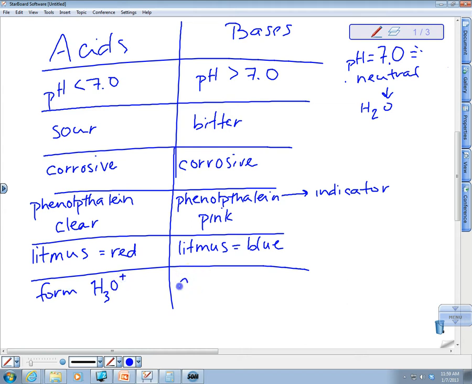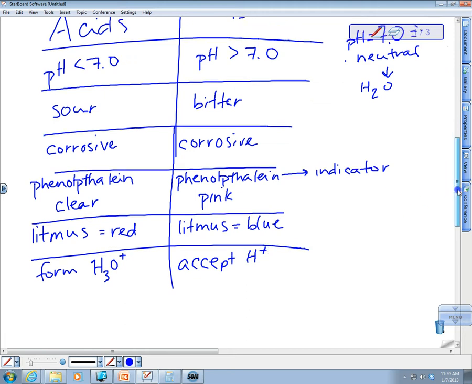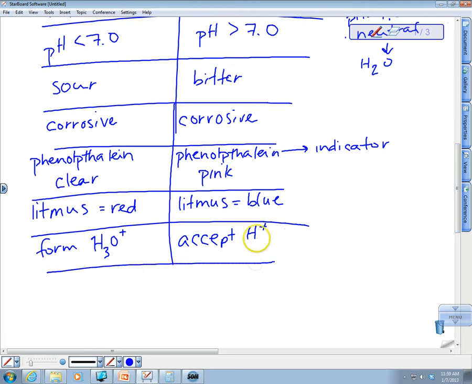The key thing about bases is that they accept hydrogen ions. The rule of thumb is that acids donate hydrogen ions, so they contain a hydrogen, and this is in water.